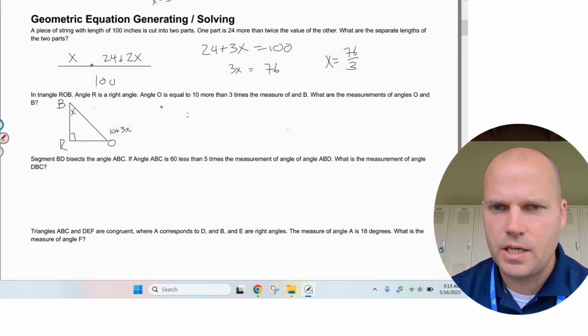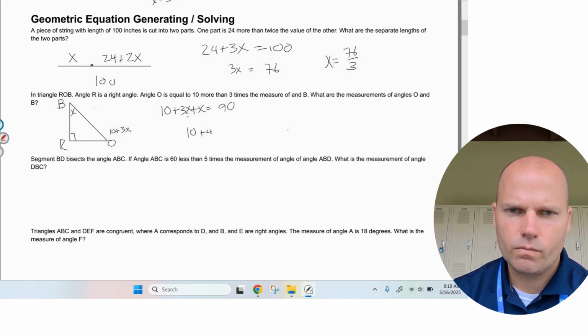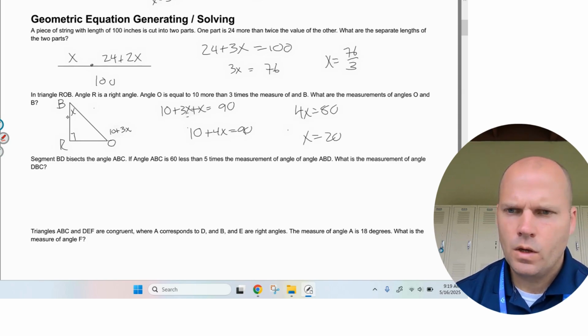They add up to equal 90. 10 plus 3X plus X equals 90. Angle O is 70, angle B is 20.